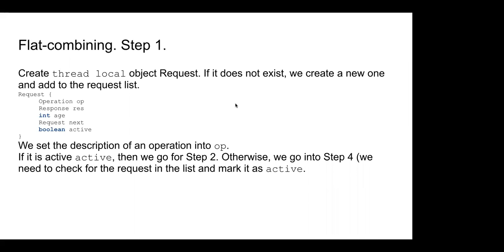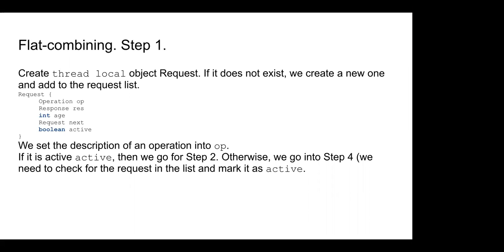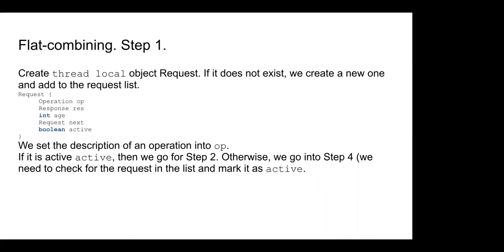Is the number of objects really limited by the number of processors? Yes. For example, a processor publishes its operation, waits for its completion, then receives the response, processes it and comes again to publish a new operation.